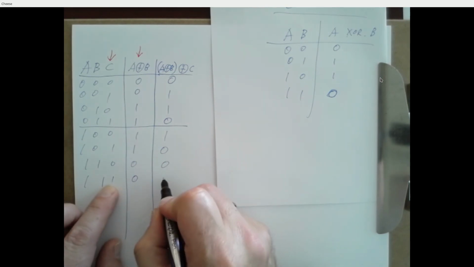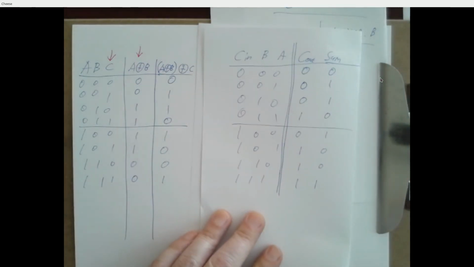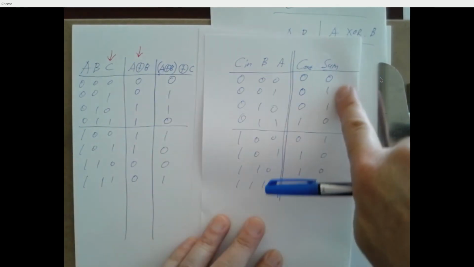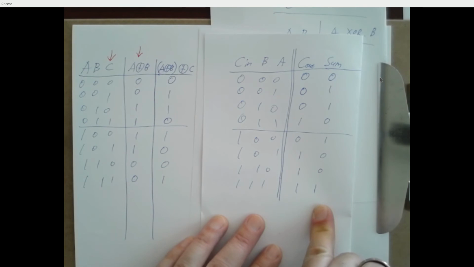And 0, 1 gives us a 1. And that's the same truth table as our sum column for our full adder.